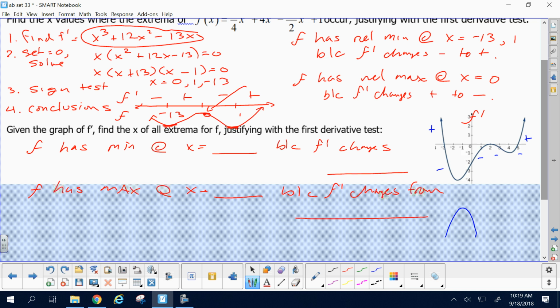So not there, that's a max. It has a min at 5 because F prime changes negative to positive there. That's where the graph goes from below the axis to above the axis on the derivative, meaning F goes from decreasing to increasing. Max at x equals -3 because F prime changes positive to negative.